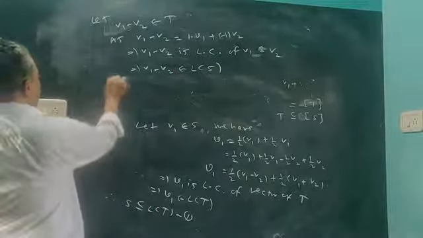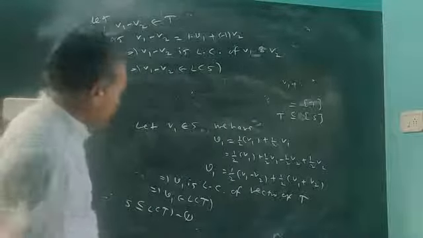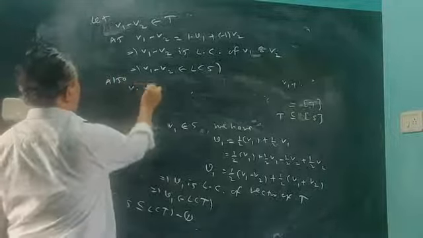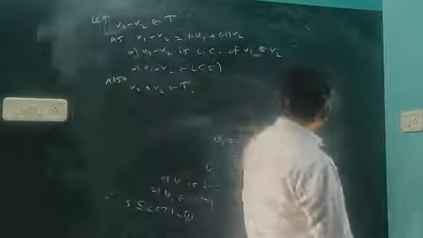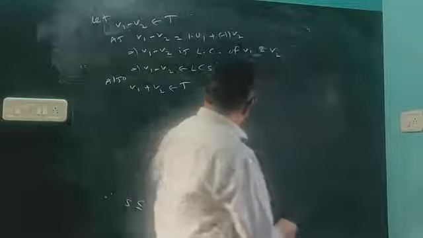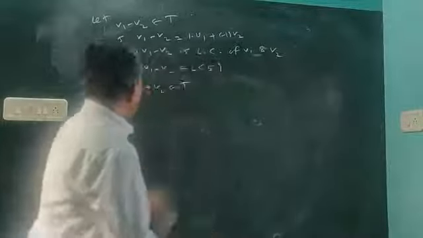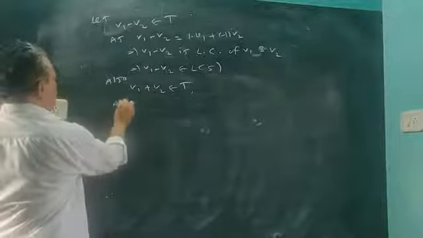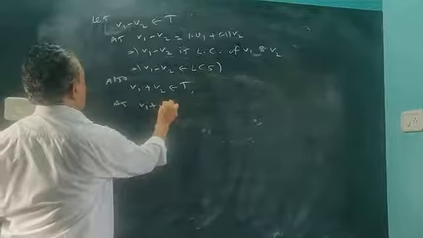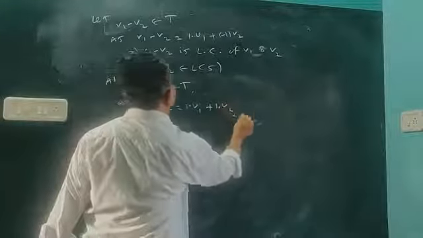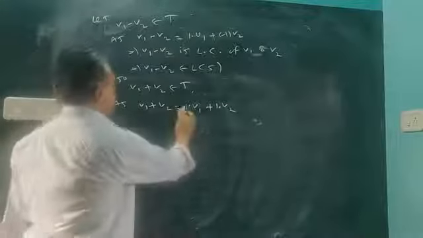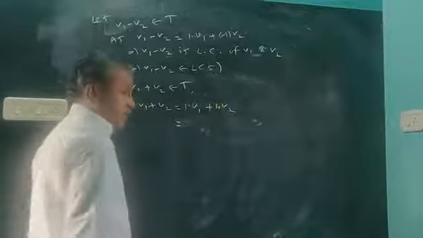Also, the second point: V1 plus V2, similarly an element of T. This is also expressed as 1 into V1 plus 1 into V2, so it is also a linear combination.